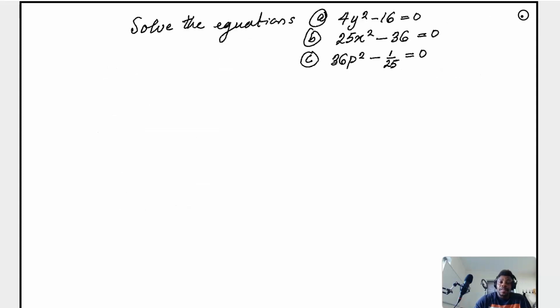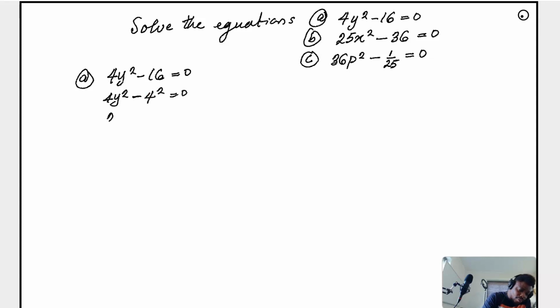Now let's solve this equation. 4y squared minus 16 is equal to 0. Okay, we already know that we can use difference of two squares. Remember, this is 4. This can be 4y squared minus 4 squared is equal to 0.